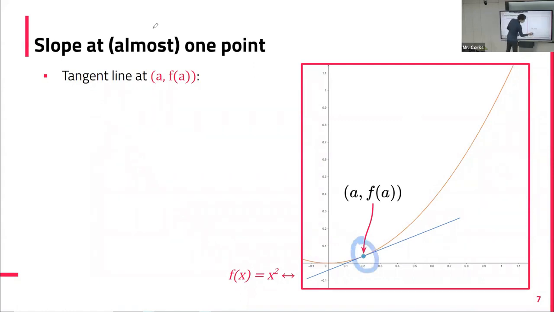We want to find the slope of the curve at that one point. It's represented by this tangent line that touches the curve at exactly that one point and only that point. But how can we find that mathematically? How can we find out exactly what that slope is?